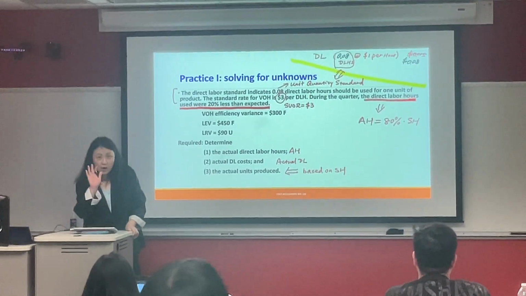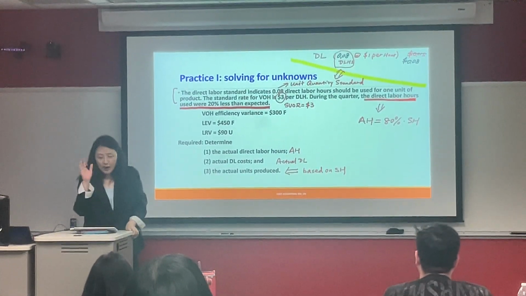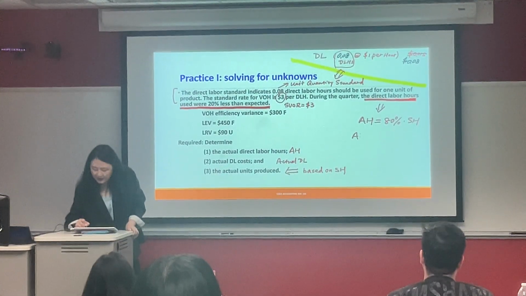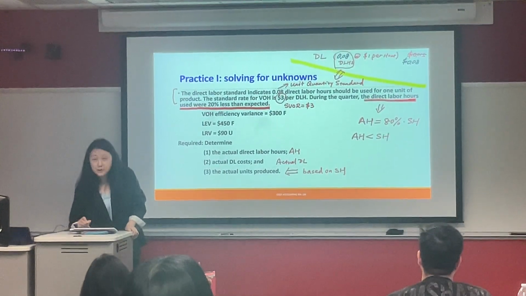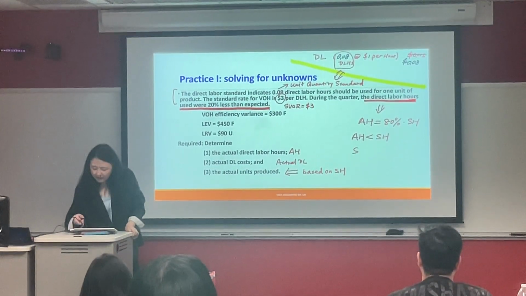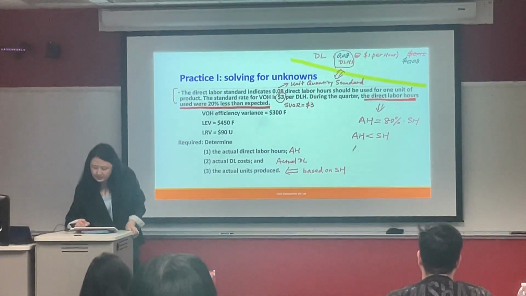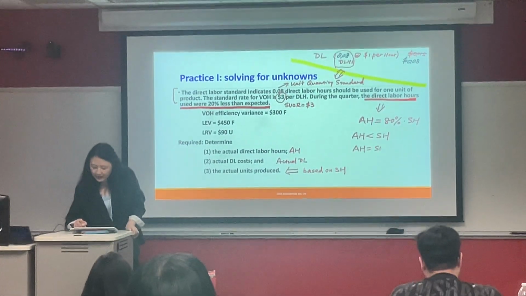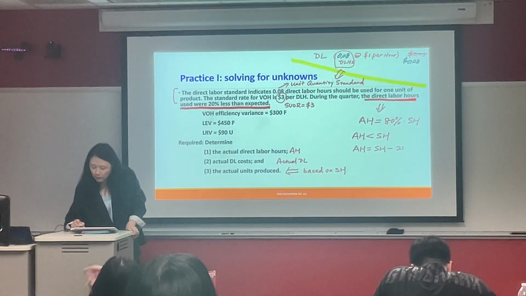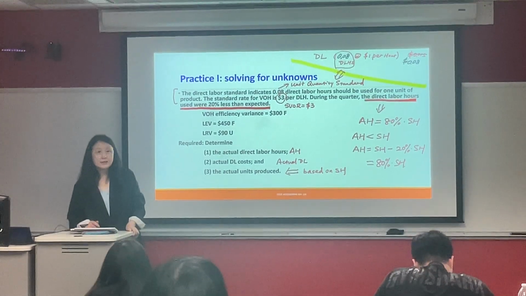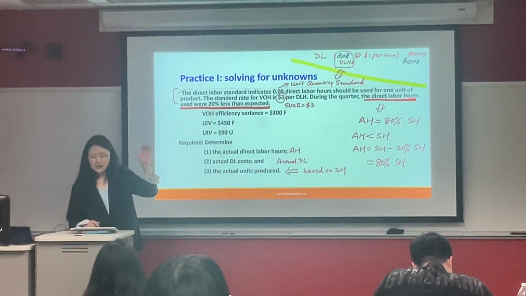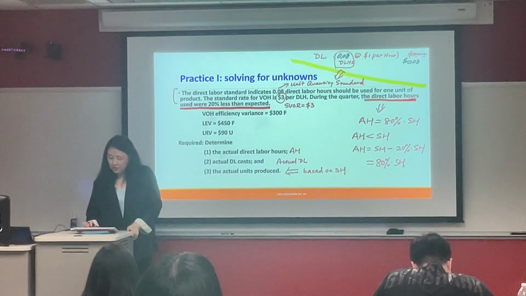If you are not okay with that, first of all AH is less than SH because it's 20% less. Then I can write AH is SH minus 20% of SH, correct? That's how you get 80%. That's important, because if you miss this, the rest of the calculation will be wrong.